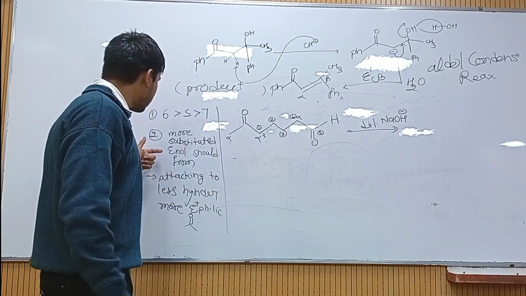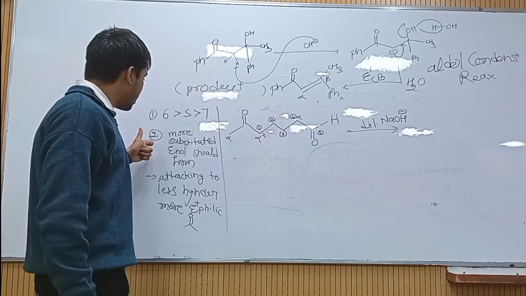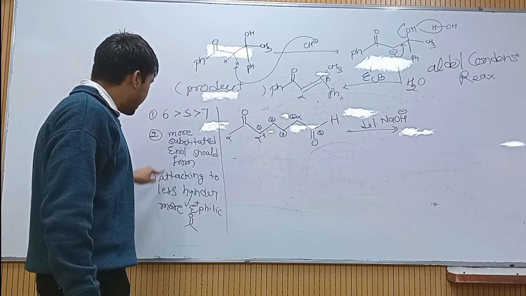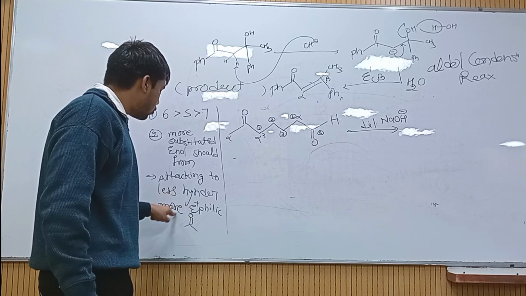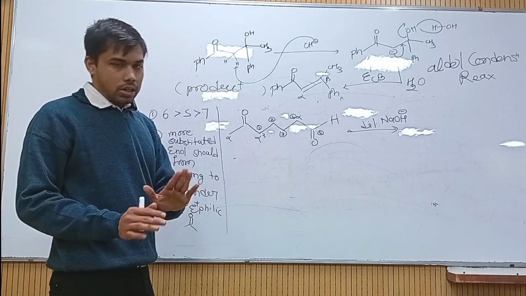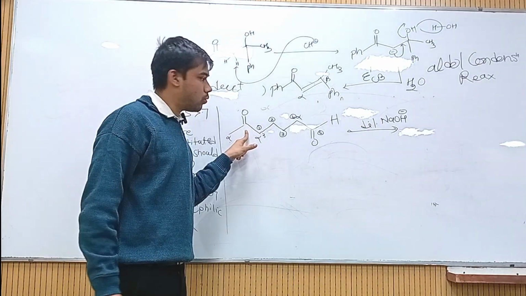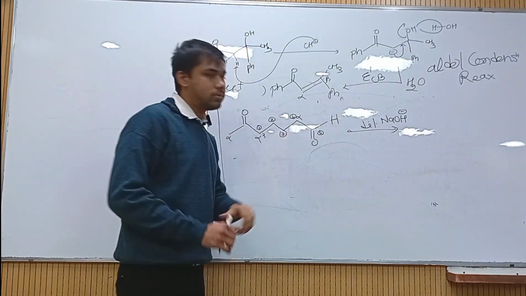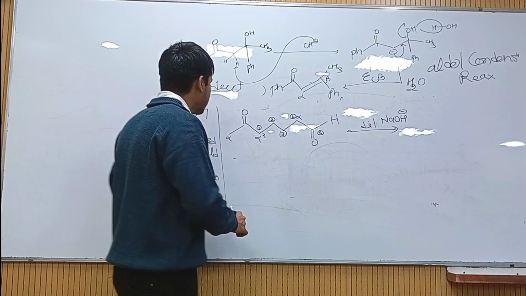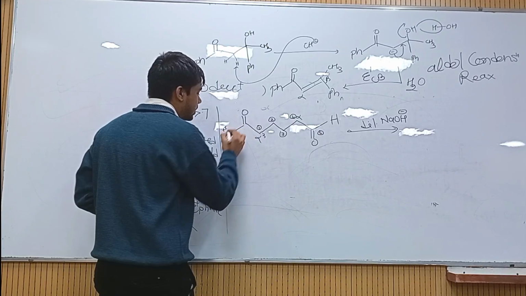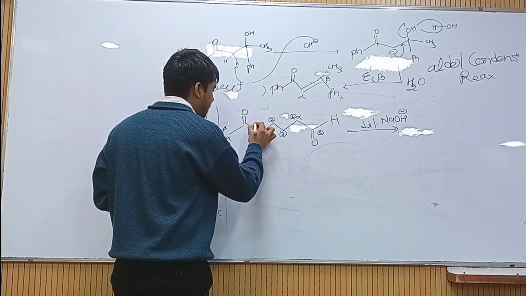Then we will look to the second rule, which is that the more substituted enol will form and it will attack the less hindered, more electrophilic carbonyl. Since we have one aldehyde and one ketone, we know the aldehyde is more electrophilic. Why? Because in ketone there is a plus I effect, plus inductive effect from both ends.